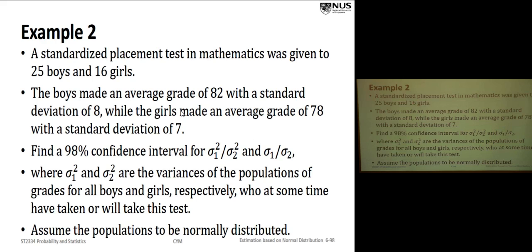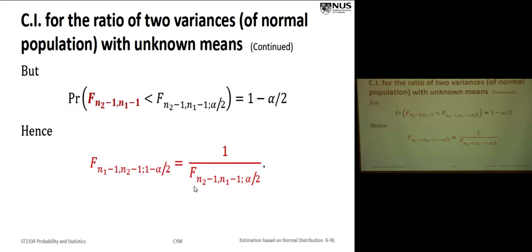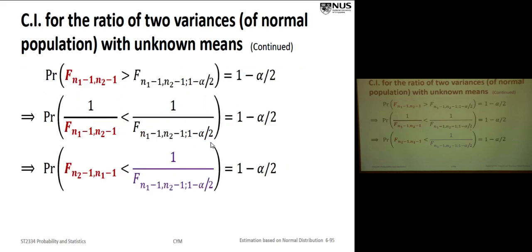The girls had an average of 78, standard deviation of 7. Again, a very sexist example. We're asked to find a 98% confidence interval for the ratio of the variances and the ratio of the standard deviations. We're assuming the populations to be normally distributed with unknown means and variances. All we're doing is computing this formula and this one. That's it. There's nothing else to do.